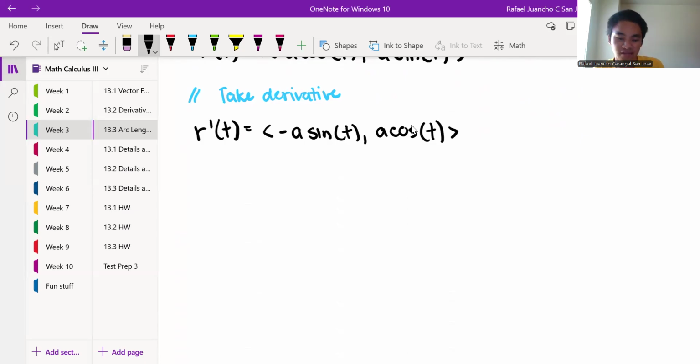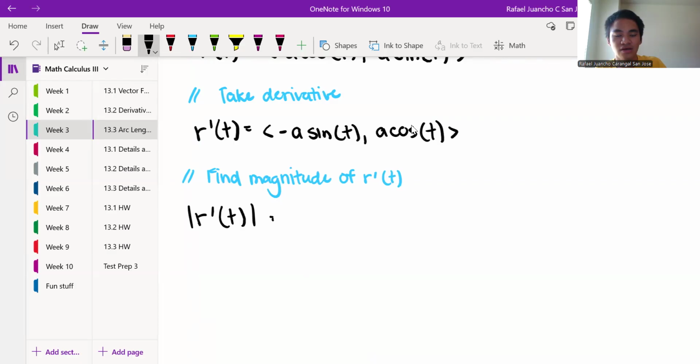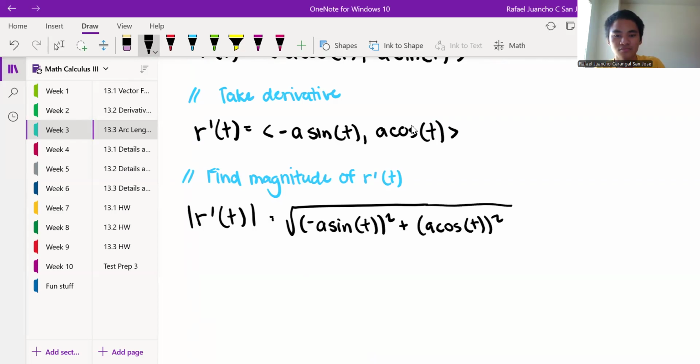So that's done. Now when I take the derivative, I get this. And now I want to find the magnitude of r prime of t. So I do a square root of all of them. Then what do I get?